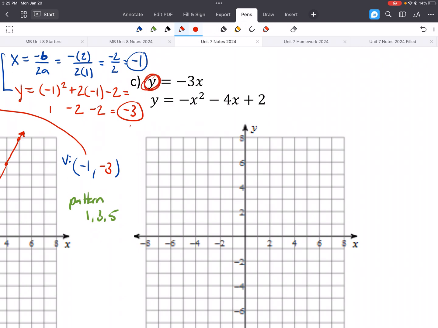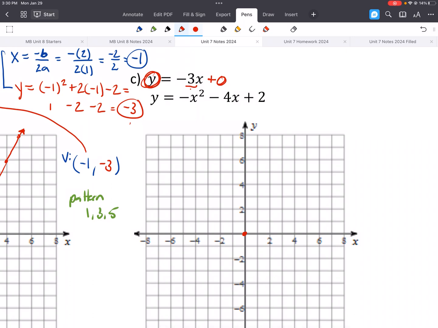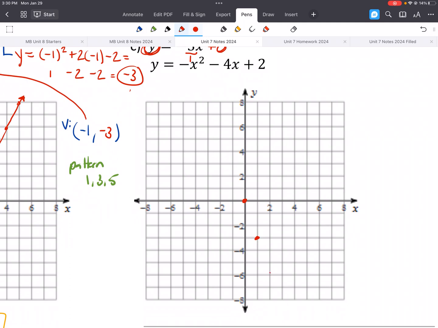Again, if something's missing, you can always make it look like one of the other equations. So this would be -3x plus 0. So the y-intercept would be 0, and then it has a slope of -3 over 1. So down 3 over 1, down 3 over 1, and then we'll go the opposite direction to connect those dots.